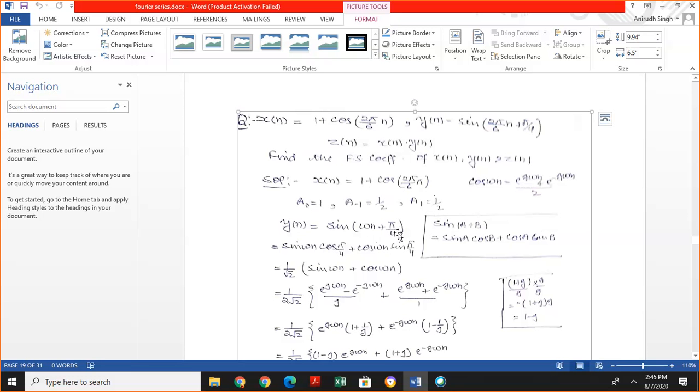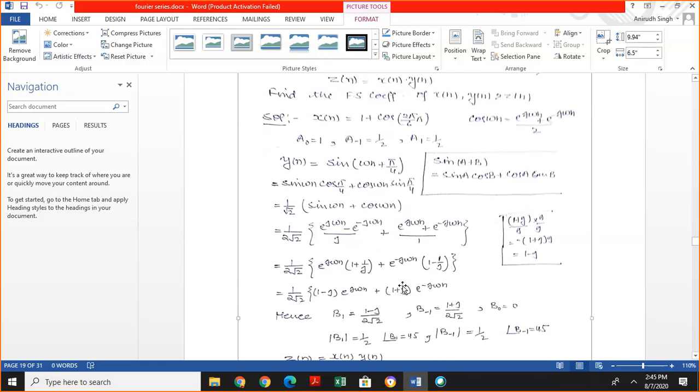Similarly, in this case, this is the phase angle, or you can simply apply sin A plus B. Sin A plus B is equal to sin A cos B plus cos A sin B, and substitute all these values. Then convert this sin omega n into exponential terms and cos omega n into exponential terms, and then collect the coefficients of exponential j omega and exponential minus j omega.